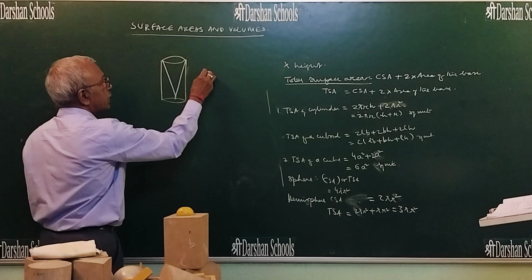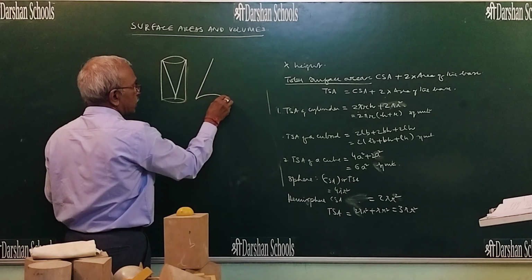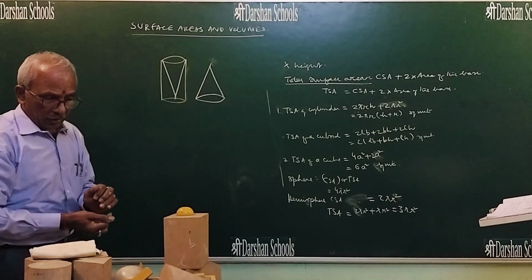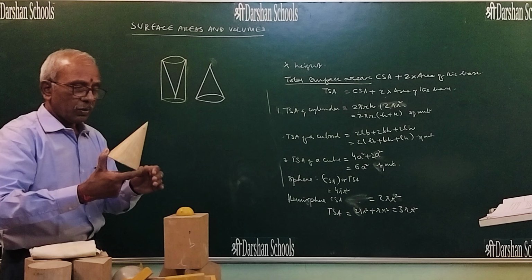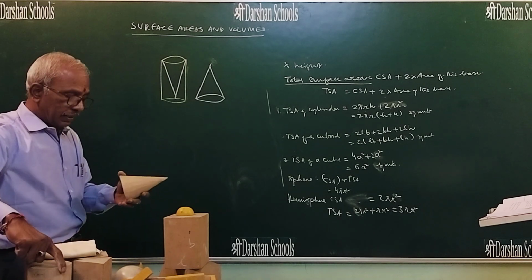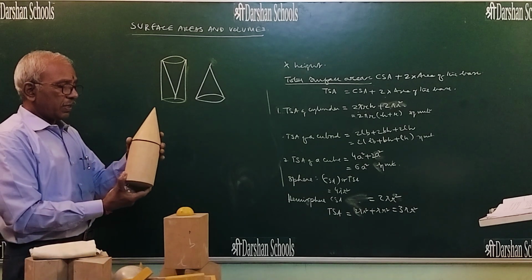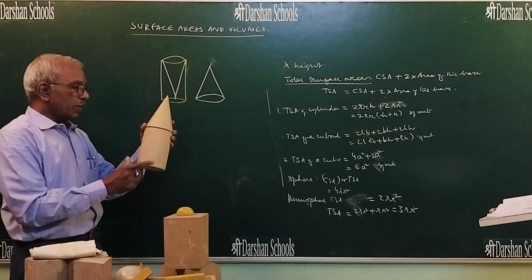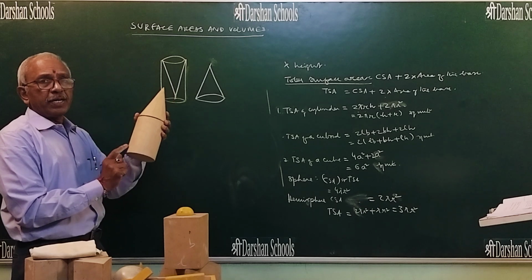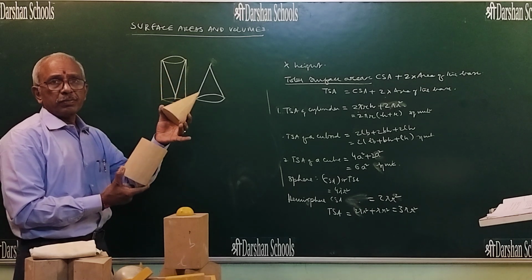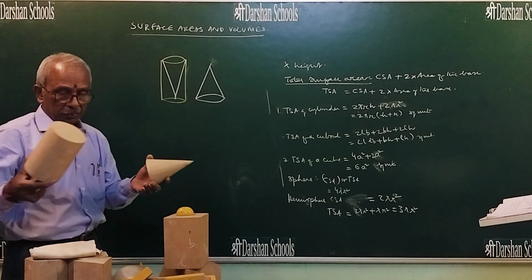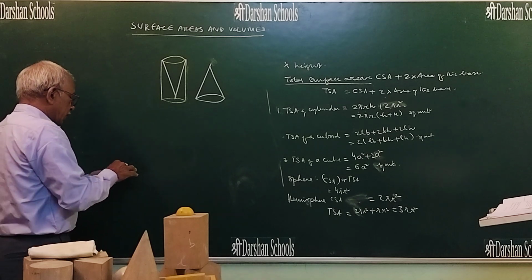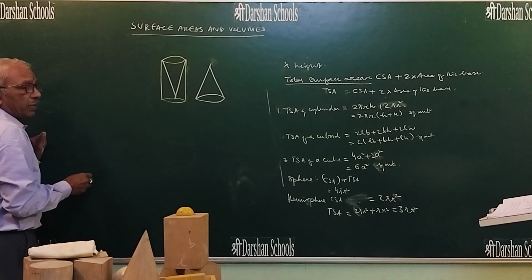If I draw it separately, this is a cone. If you take this cylinder, both have the same surface areas, and this is a mixed solid. Now, this cylinder can be made into 3 cones of this volume and this surface area. That you can prove.